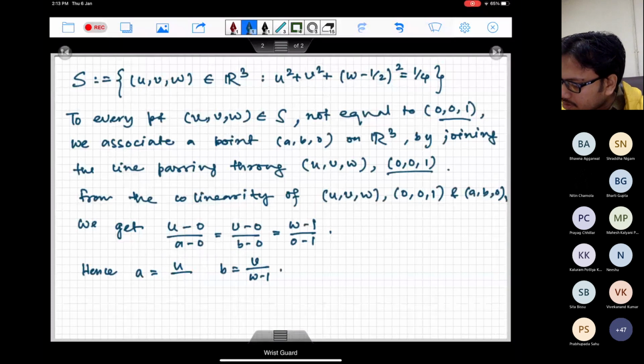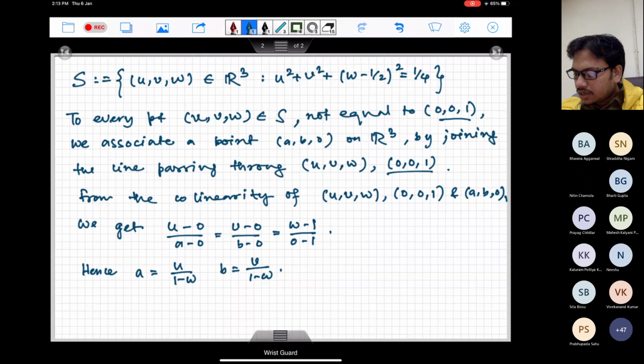Thank you, 1 minus w, because this ratio is actually 1 minus w. So a equal to u divided by (1 minus w) and b equal to v divided by (1 minus w). This is the association that we are going to have.